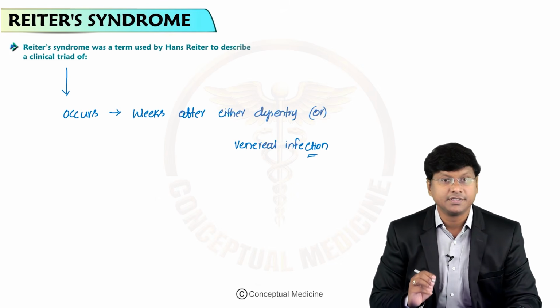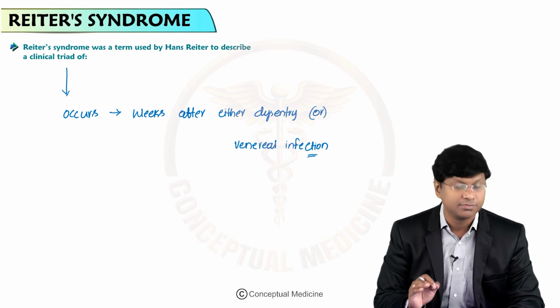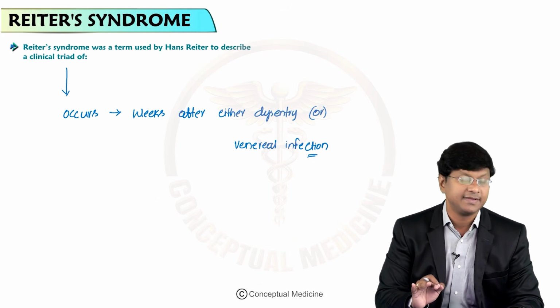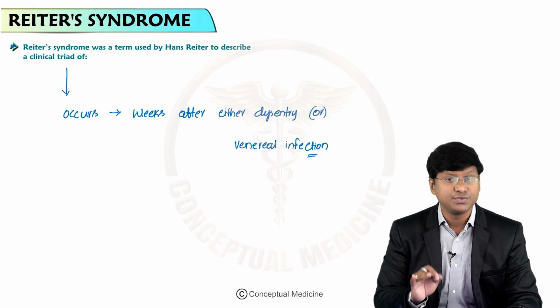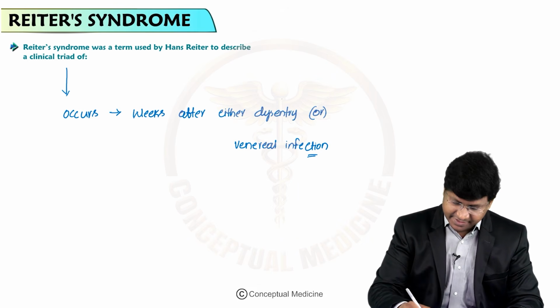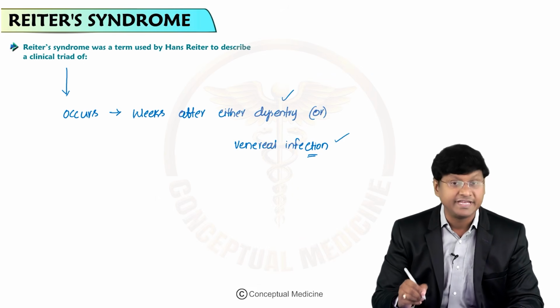So that is about the etiology for Reiter syndrome, but this is more common in individuals who have HLA-B27. Now, you need to know that we have two forms: the dysenteric form of Reiter's or reactive arthritis, and the venereal form.